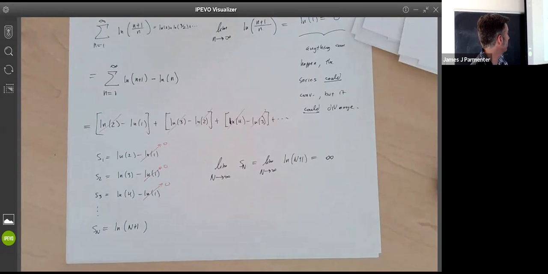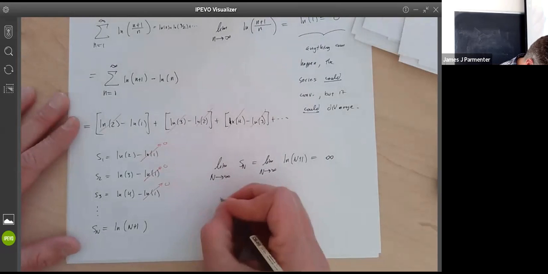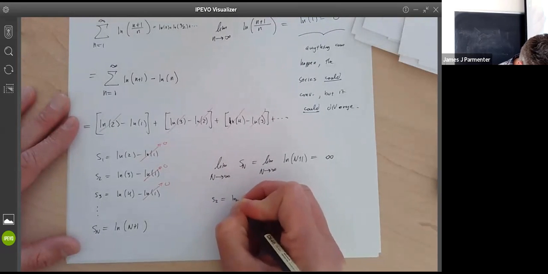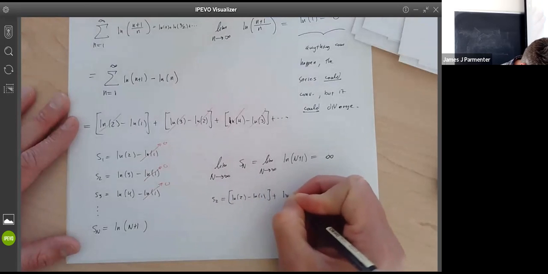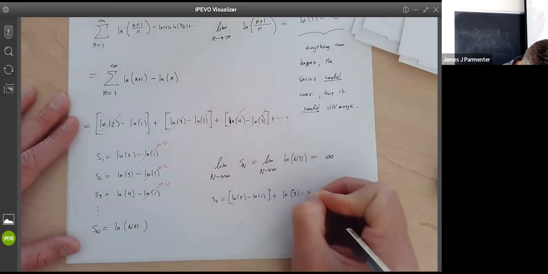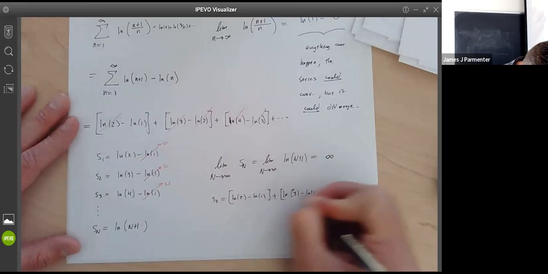So I was a little abbreviated in showing my work here. So S2 is the natural log of 2 minus the natural log of 1 plus the natural log of 3 minus the natural log of 2.